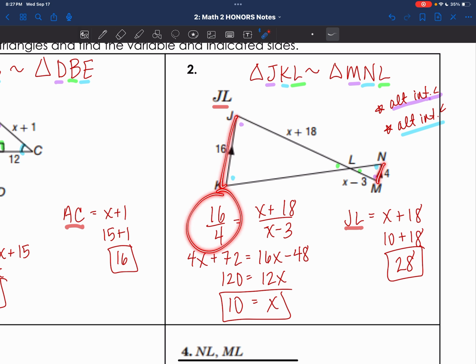And I set up my proportion here. So again, do your cross multiplying and then solve for x, which is 10. But remember, we're looking for JL, so now that you know that x is 10, you can go there, but we're looking for this length right here. So plug it in and you get 28. And that's your final answer.